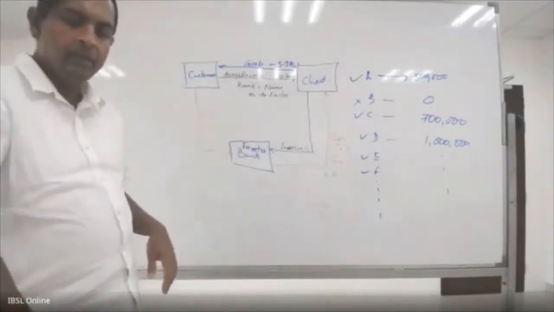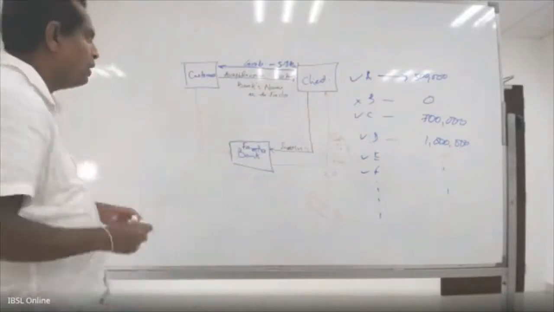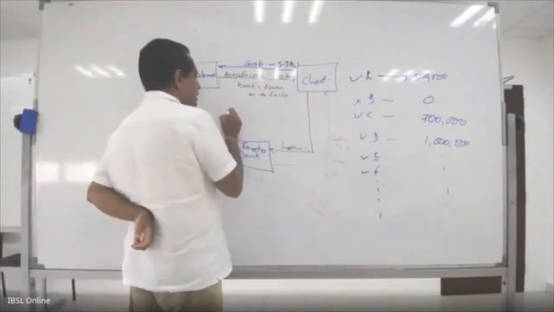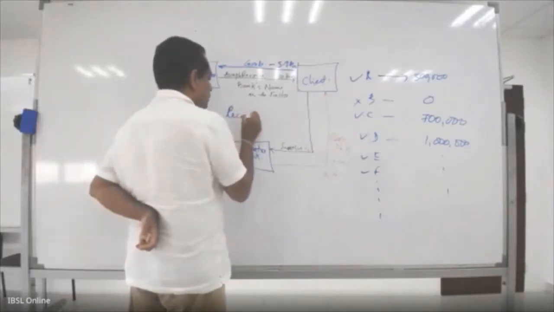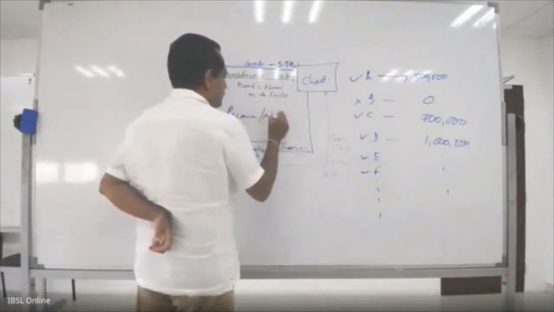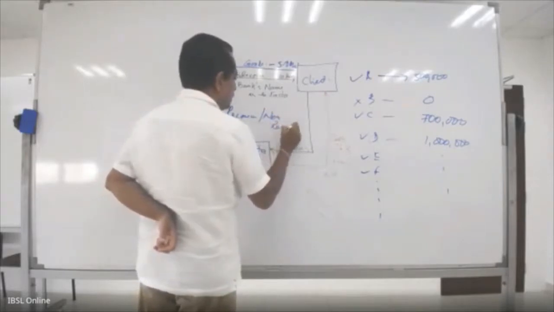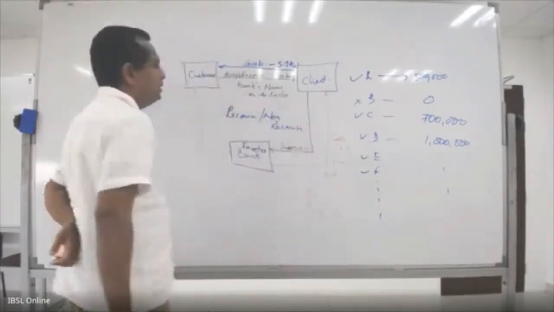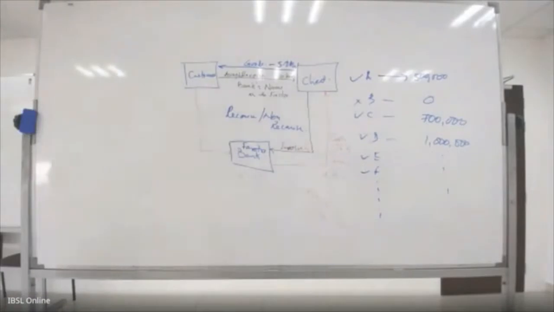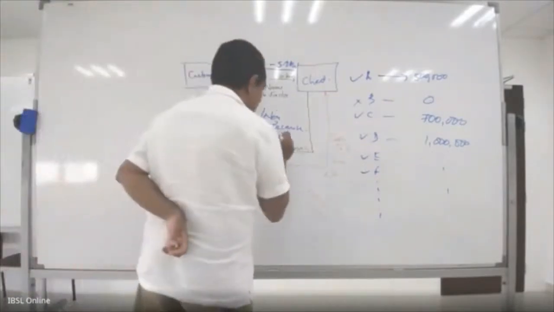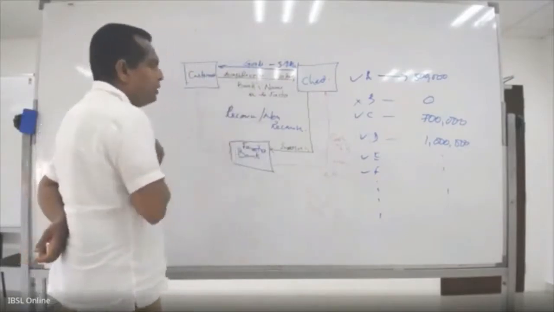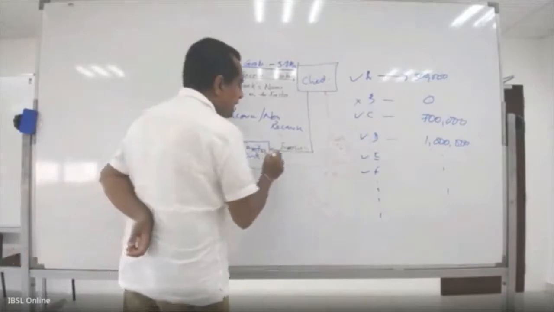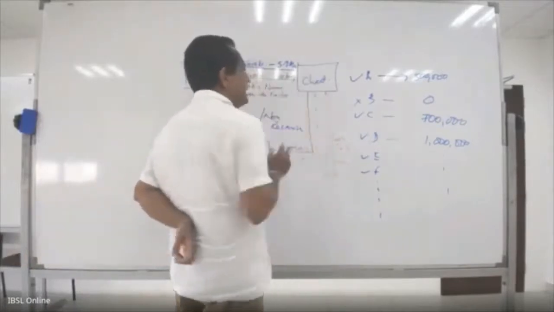Right? We have a word called recourse. Recourse and non-recourse. Non-recourse means if the customer does not pay the bank, we can't go behind the client and ask for money.